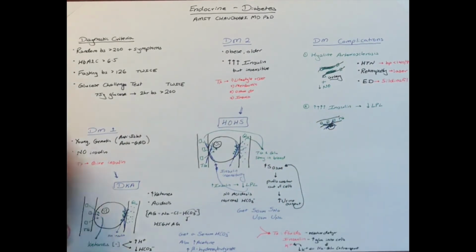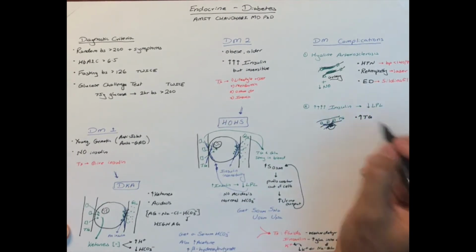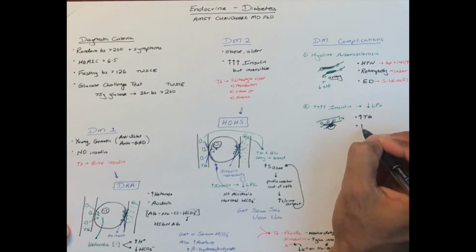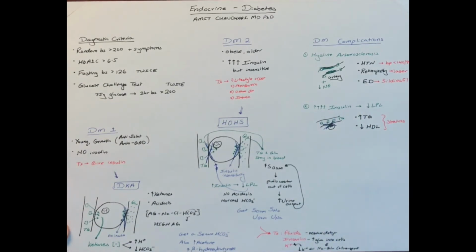And so what you're going to end up with in your bloodstream is a very high triglyceride level. And because triglycerides cannot be broken down, you're going to have a very low HDL level. And the treatment for both of these is statins, and you can give some of the other cholesterol modifying agents.